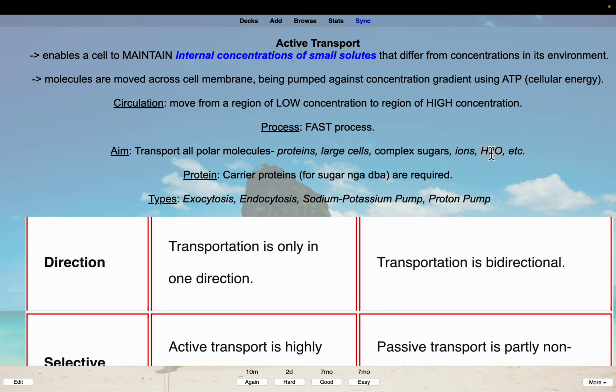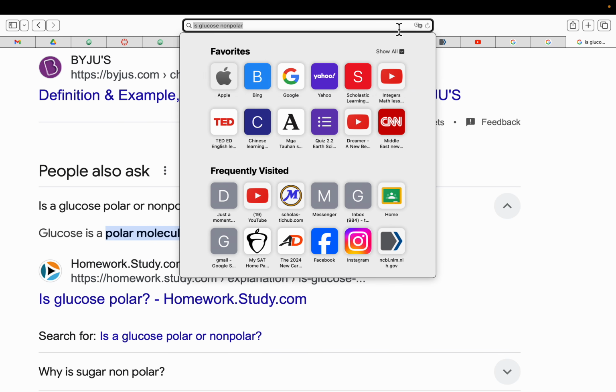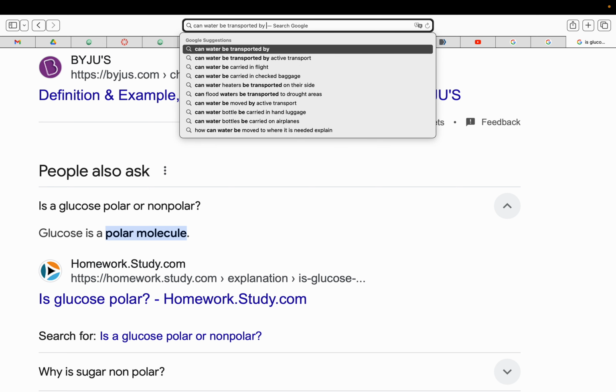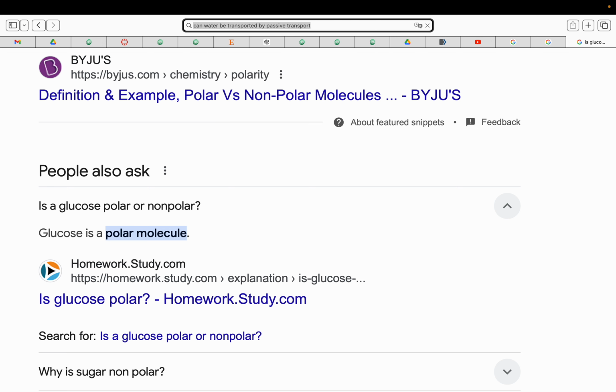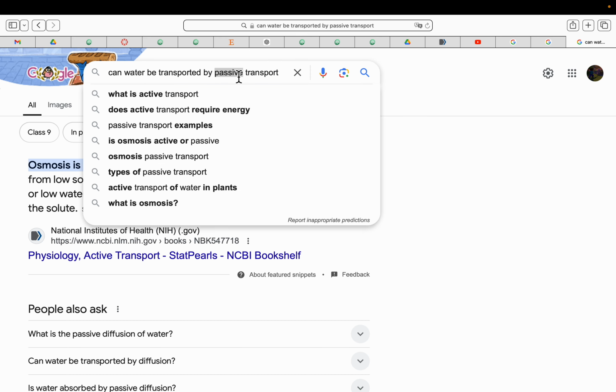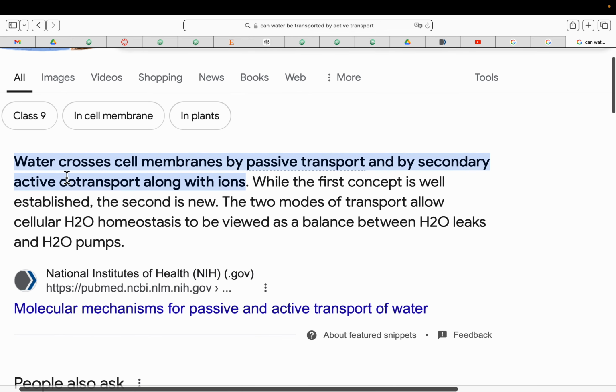Okay, so water is also mentioned here. Let's confirm this information. Can water be transported by passive transport? Okay. How about active? Okay.